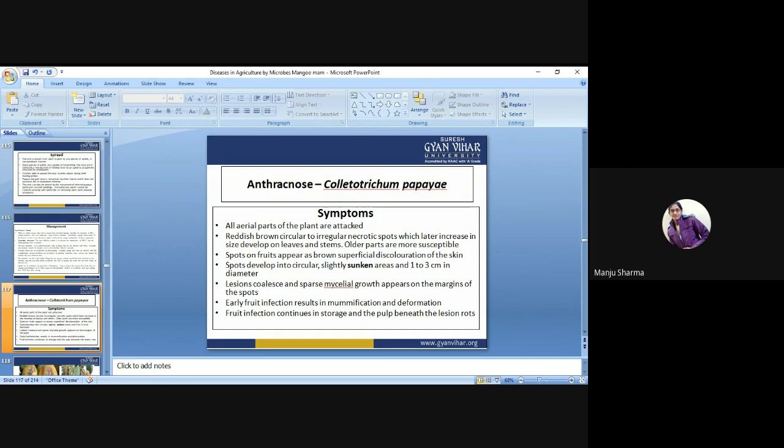All aerial parts of the plants are attacked. The symptoms are reddish brown, circular to irregular necrotic spots, which later increase in size.